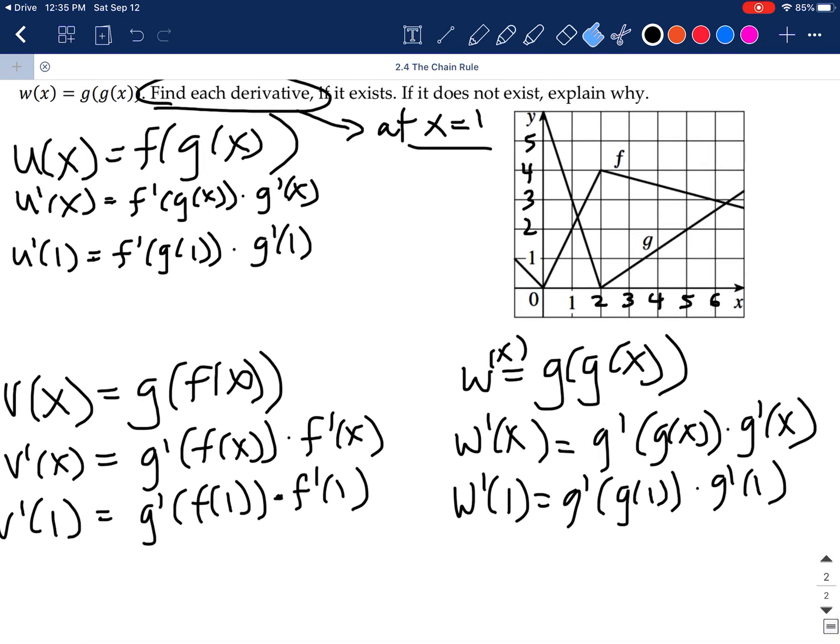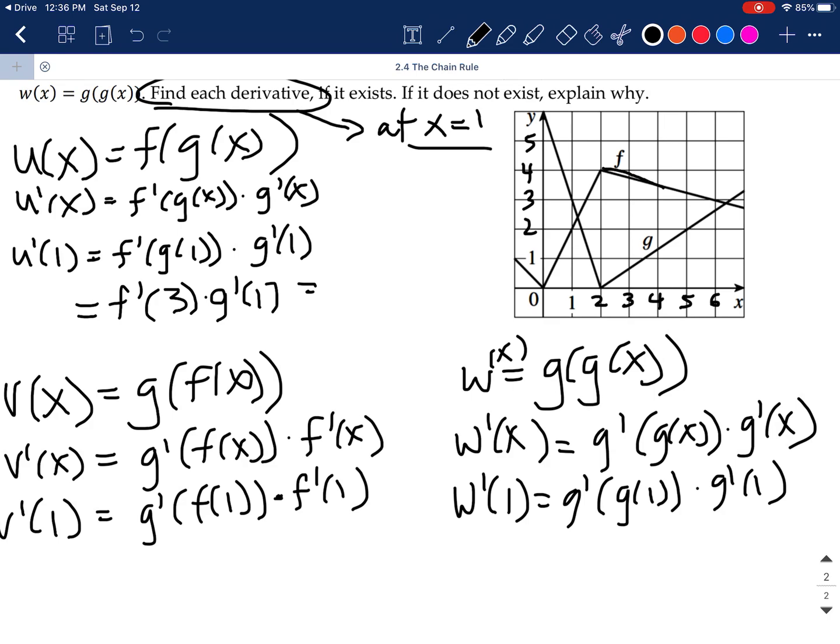Okay. So let's see if we can do some computations here. So g of 1, what is g of 1? G of 1 is 3, times g prime of 1. All right, so let's go ahead and look at our slopes here.